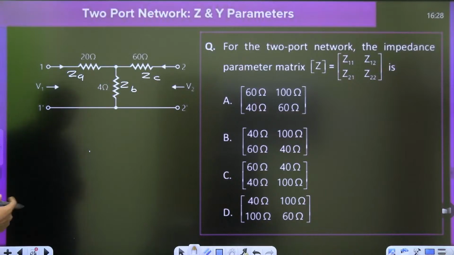Anyone give the answer? ZA, ZB and ZC. Which answer is correct? This is the 40 ohm.